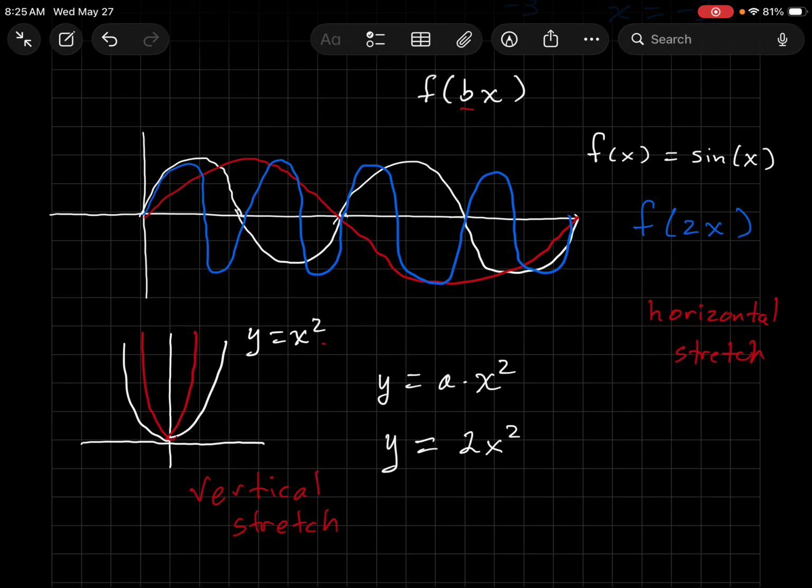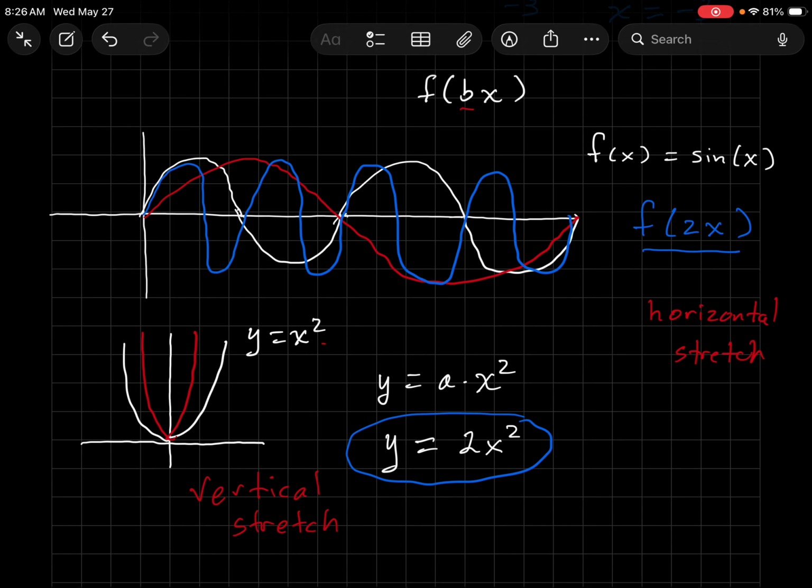Another higher level way of thinking about this is when we did y equals 2x squared, for a given x, we got to the y twice as quickly. So here, at a given y, we're getting to the x 2 times as quickly. You might want to stop the video and just take a little time to think about what that means. But it does indeed give the blue graph.